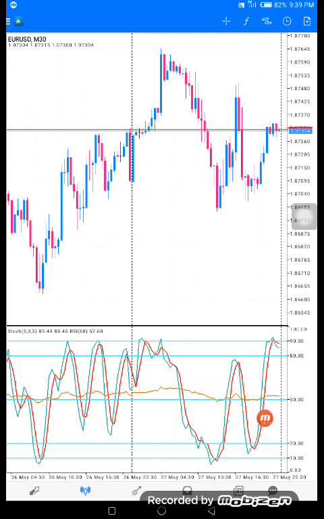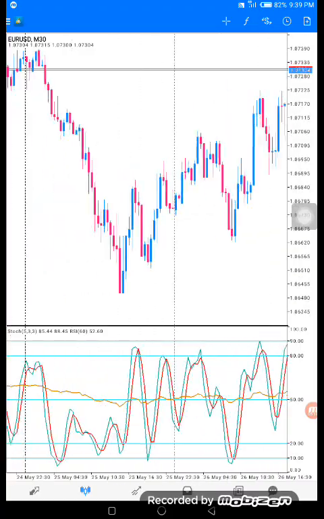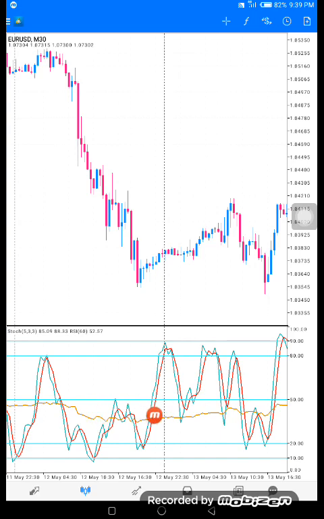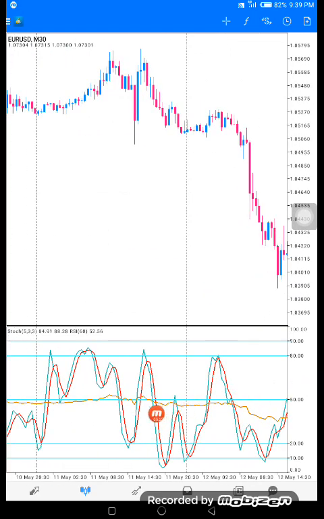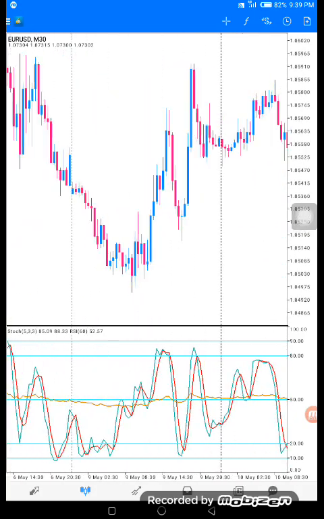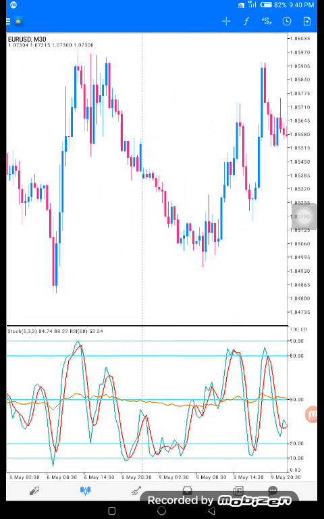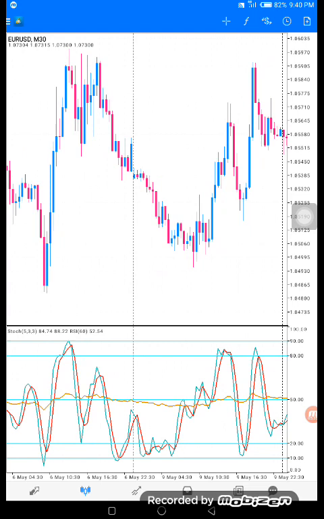When your RSI is below level 50, you'll be looking for a sell setup. And when you're looking for your setups, either buy or sell, you use the stochastic to enter the trade, to take your position. It's with the stochastic you enter a trade and then you also exit the trade.